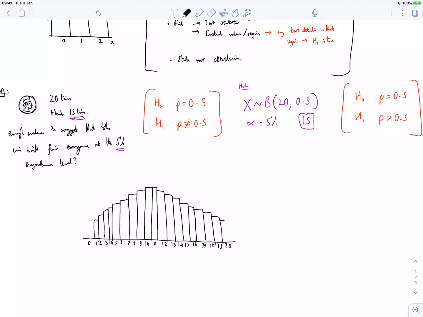I haven't drawn this super accurately. But the point is, if P is 0.5, then this should be symmetric about the middle. And also, if I was to take the midpoints of each of these bars and join them up, it should look like a symmetric curve looking like that.